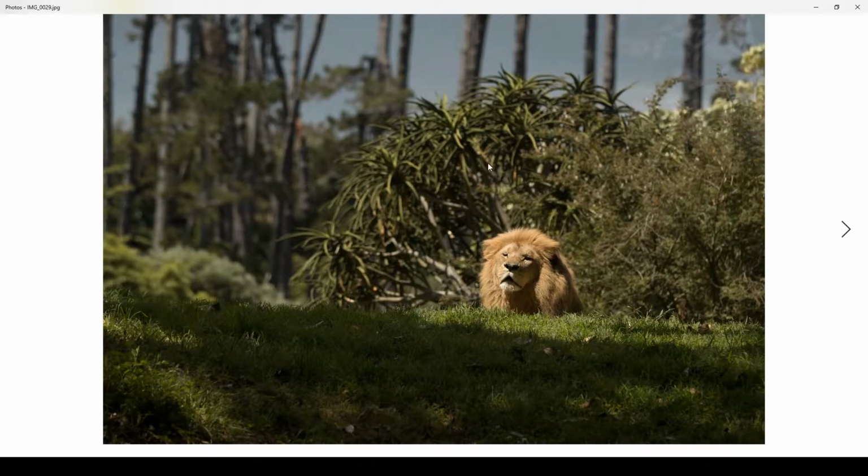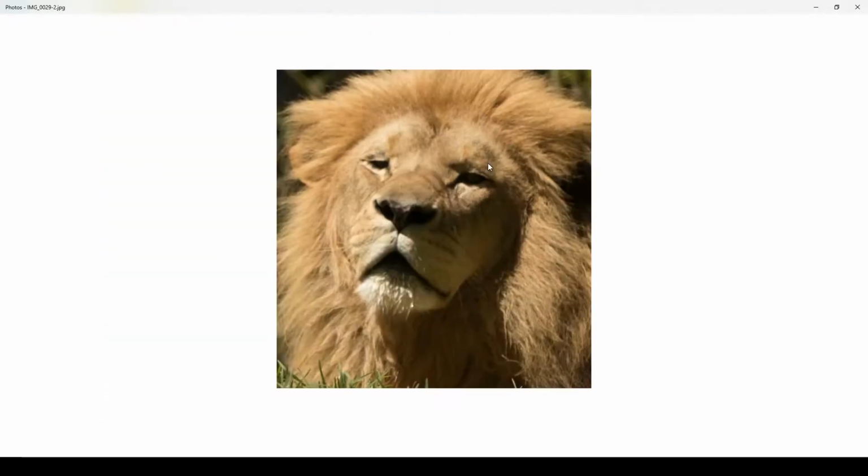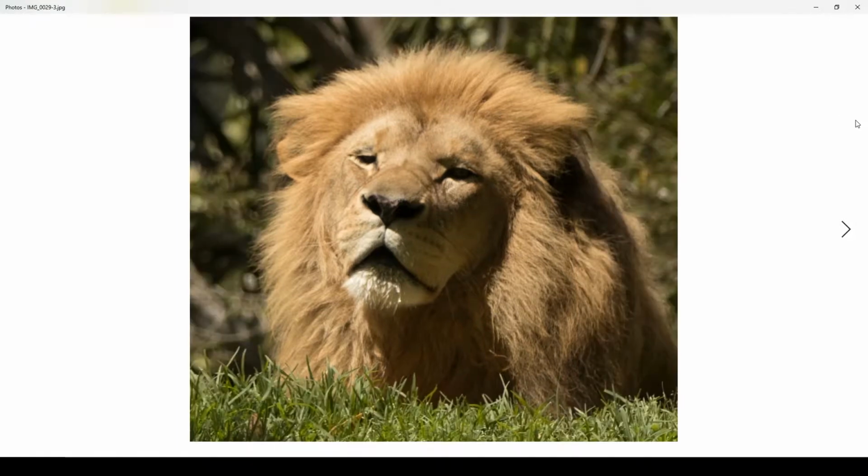I'm going to go through some examples of photos that I've taken, where I've played around with different crop levels, zooming around, and we're going to have a look at if there is an answer to this question with a lion. This was on the zoo trip, so this is the first photo of the lion. We zoomed in on his face because we've decided that the lion is the subject in this photo.